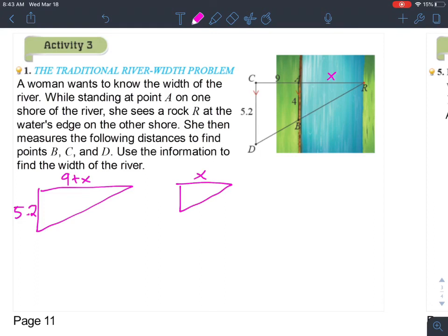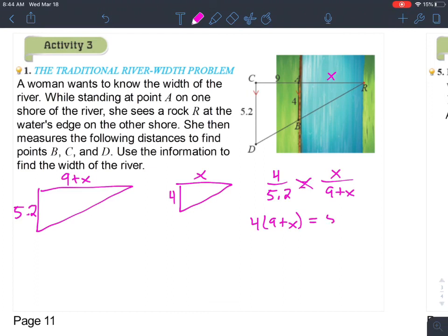And then in a small triangle, we know that its width is going to be x and its height is going to be 4. And since these shapes are supposed to be similar, we set up our ratios. We're going to get 4 over 5.2 is equal to x over 9 plus x.